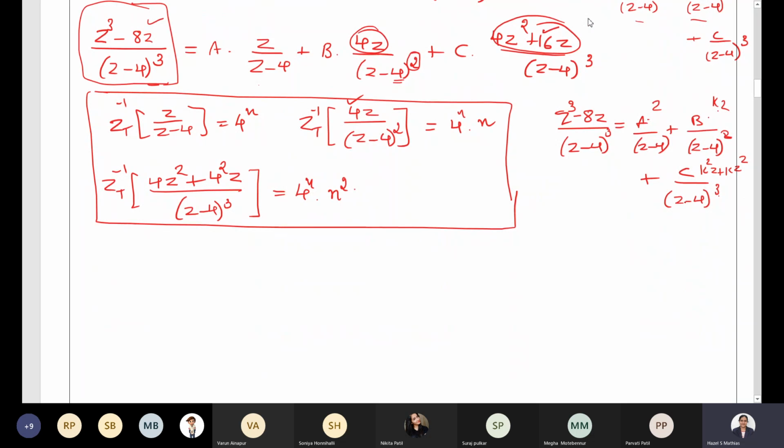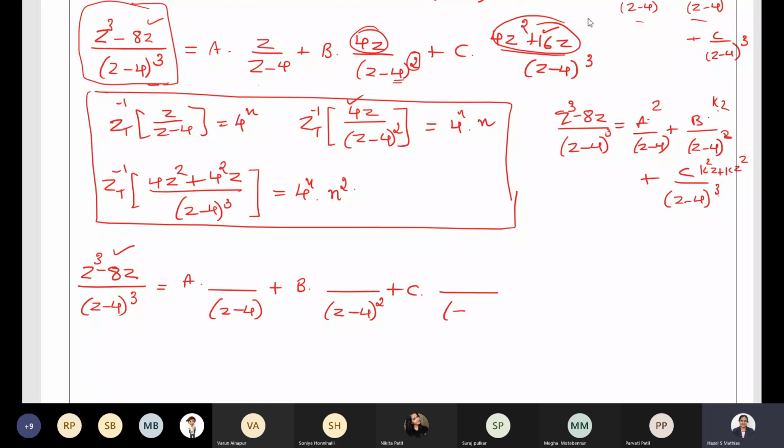I would like to repeat this step once again. This is a little complicated step. z cube minus 8z divided by z minus 4 whole cube is what is given. You need to split it as a divided by z minus 4 plus b into something divided by z minus 4 whole square, because this is the method of partial fractions, plus something divided by z minus 4 whole cube. We know the inverse z transform of z by z minus 4.